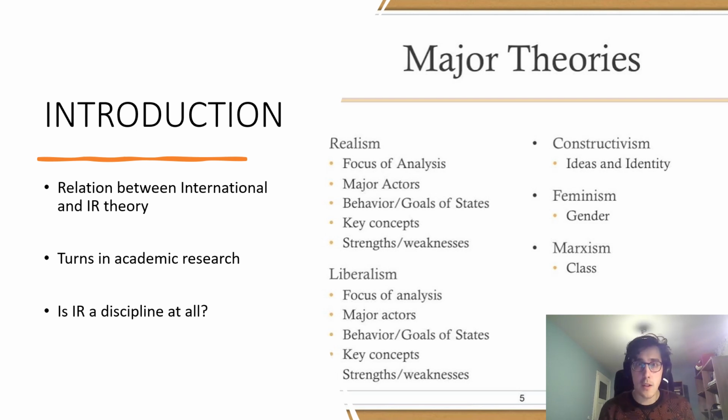So both disciplines look at the international system, but they do so in very different ways. And what is important, and we'll talk about this throughout the course, is that a lot of the academic research is characterized by different methodological turns towards new ways of doing research, new ways of doing science at different points in time.